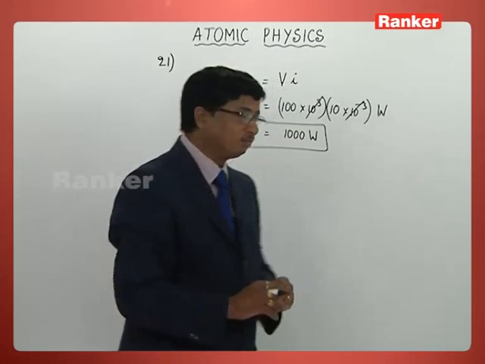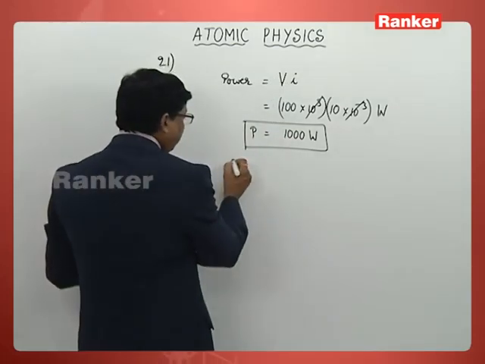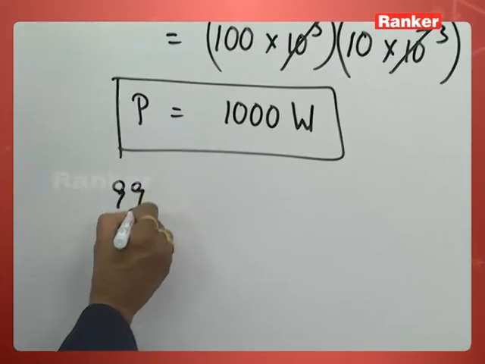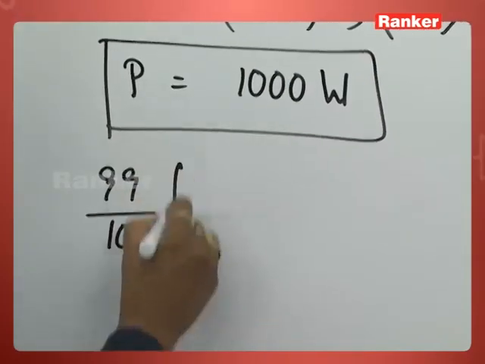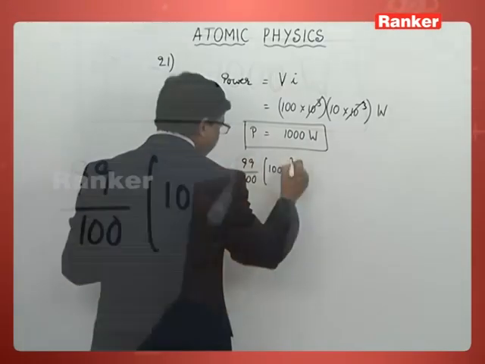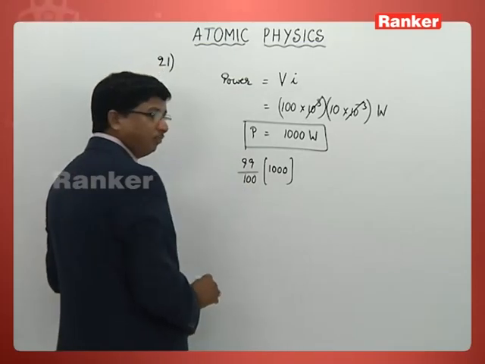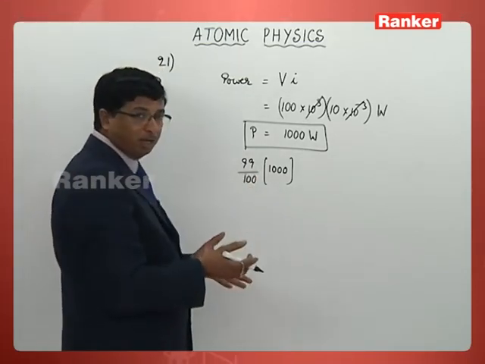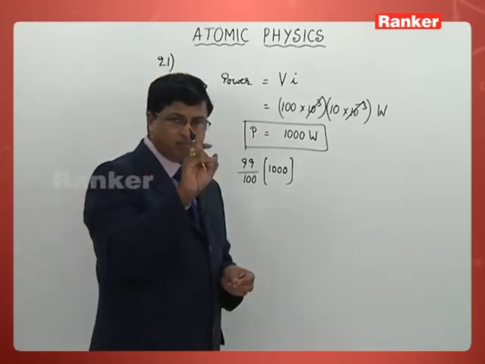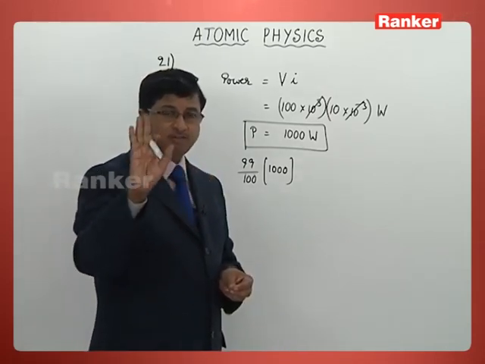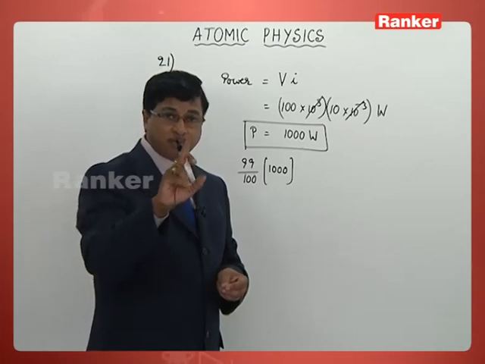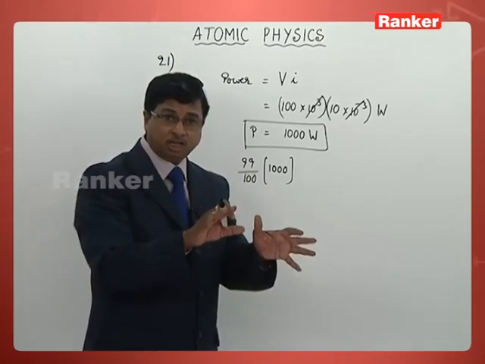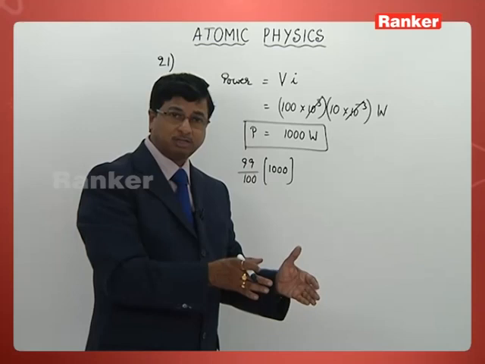That is the question he is asking. So, the target is being heated up by what rate? 99% of 1000. So, why are we taking 99%, you can guess now: only 1% is producing X-rays, and 99% is now heating up the particular target.